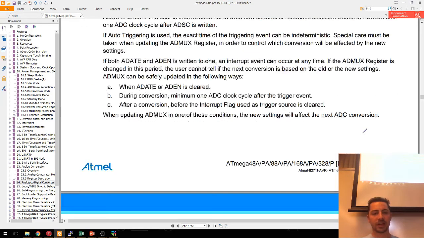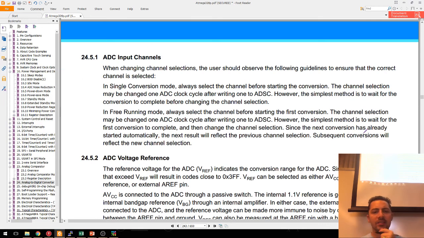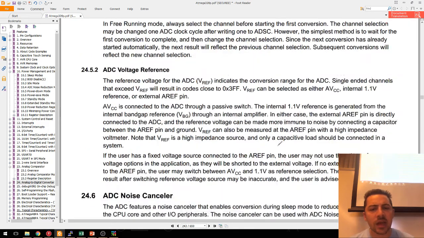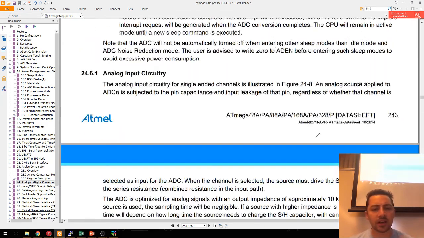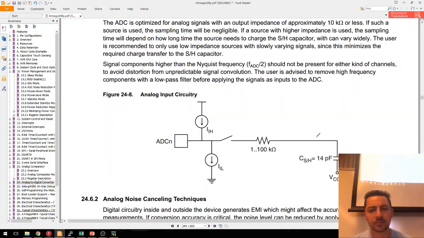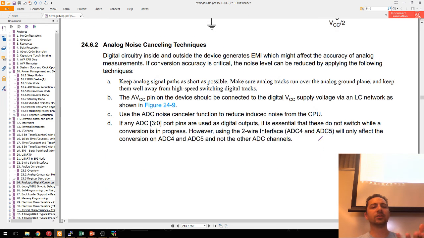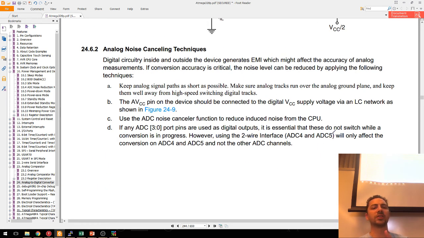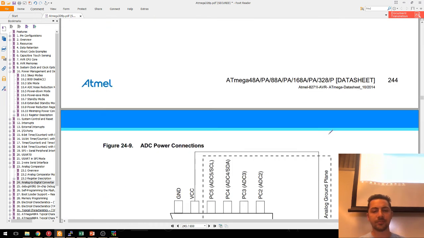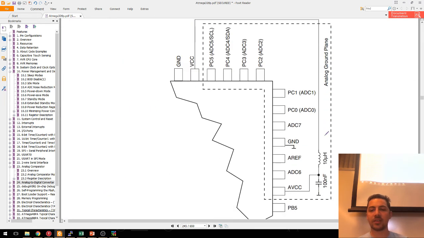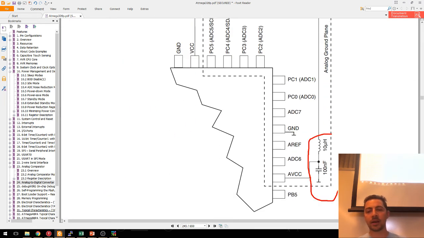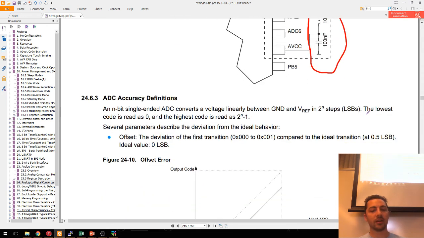Changing the reference selection, ADC input channels, analog reference, noise canceller, input circuitry, noise canceling techniques. Again, it gives you suggestions for how to keep your signal clean right in the data sheet. There was my 10 microhenry inductor and 100 nanofarad capacitor.